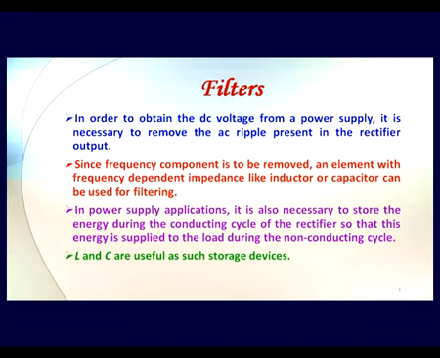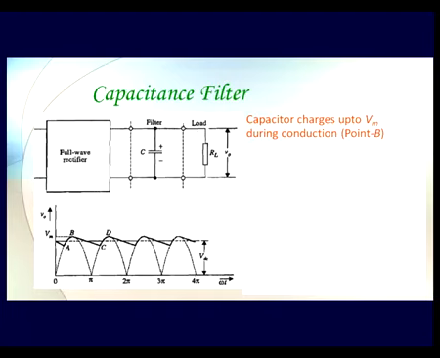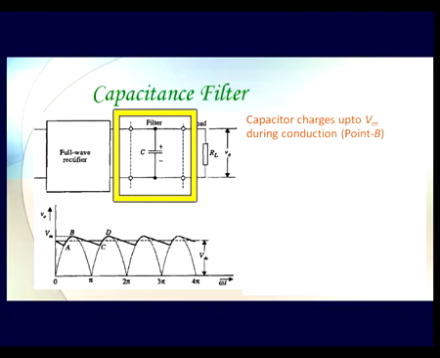In an inductor also we can store energy which can be used when the input signal is not available. The capacitance filter is the one where the full wave rectifier output is given to a capacitor. This is the part which is of our interest now, which is then connected in parallel to the load.